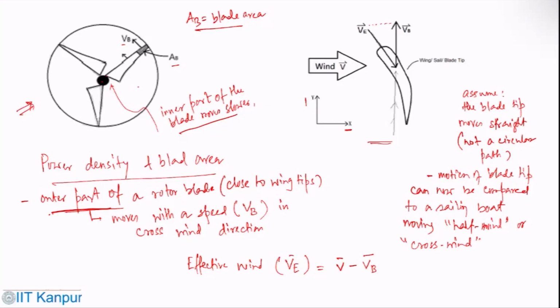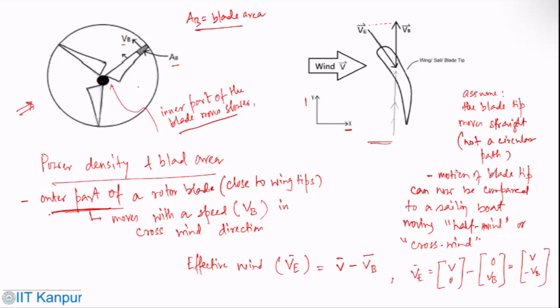So from here, VE bar is V0 minus VB, which is V minus VB.